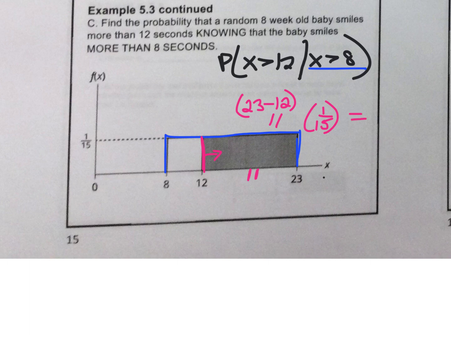So 11 times 1 over 15 equals 0.73. All that means is I've eliminated all of this over here. I know that baby smiles more than 8 seconds. So there's a 73% chance that if a baby smiles more than 8 seconds, that baby will smile more than 12 seconds.